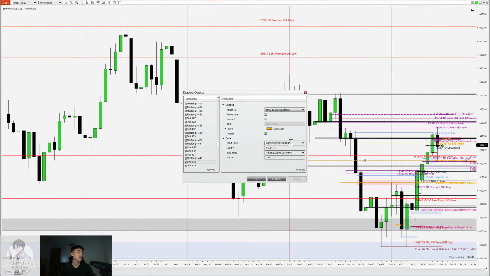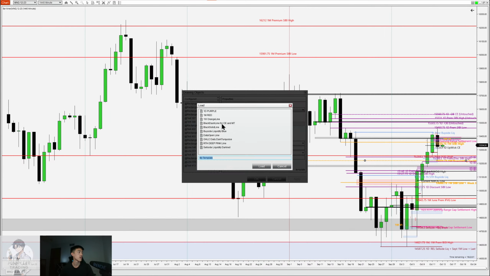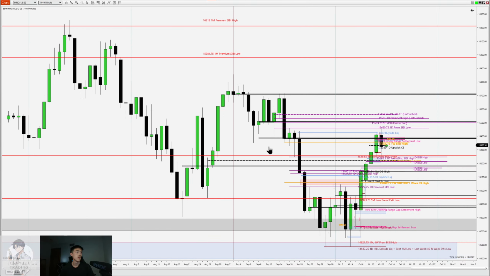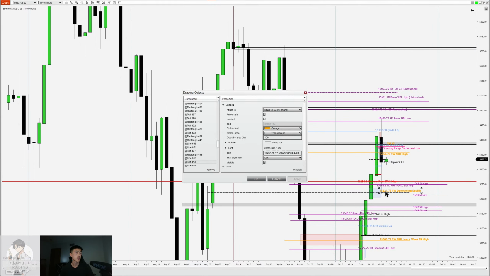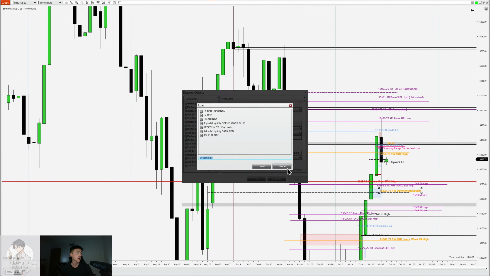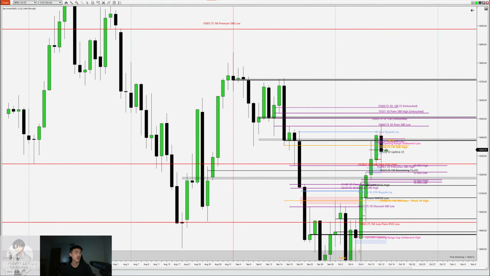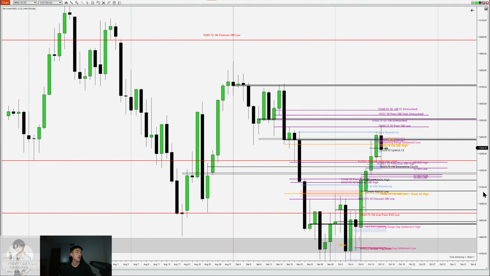I actually should make this line black to stop confusing myself. So that's a 50% mark there, and I actually should change this as well. We're gonna make this black so we can see that. We can see that that was a downswing equilibrium.